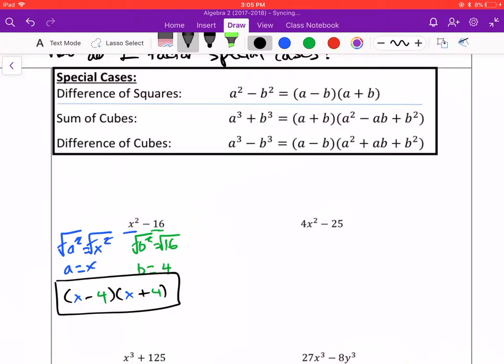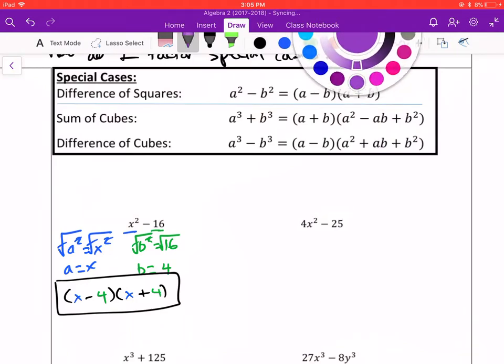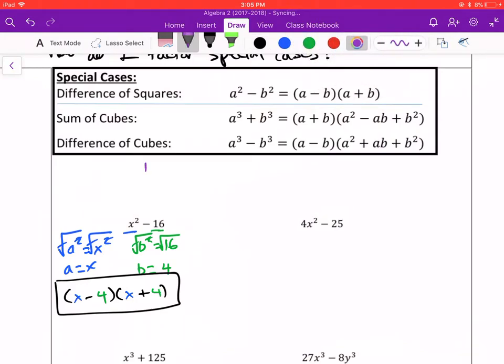The thing you do have to know is your perfect squares. You have to recognize the numbers. 1 squared is 1, 2 squared is 4, 3 squared is 9, 4 squared is 16.